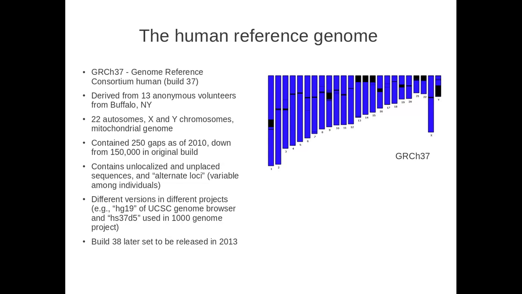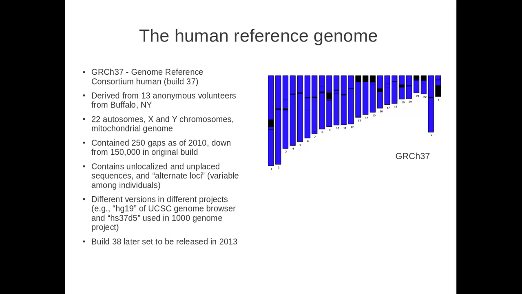Since many of you will be working with these genomes over the course of your career, a heads up: different research communities, while they base their analysis on the same build, will modify that build for their own purposes.